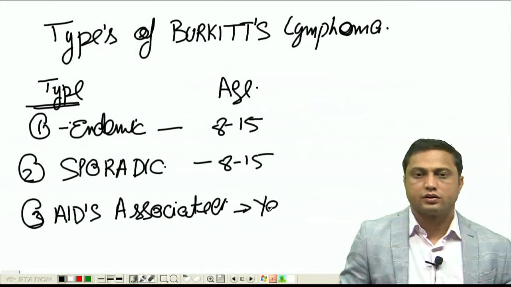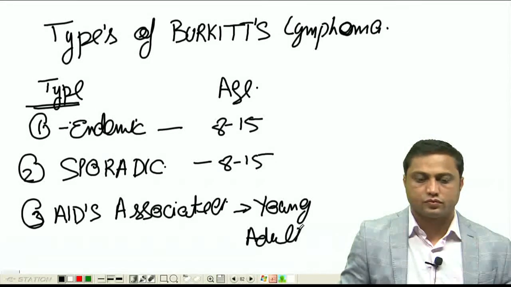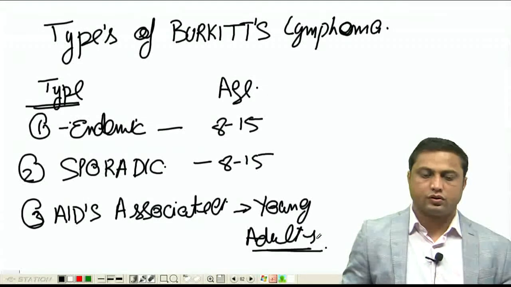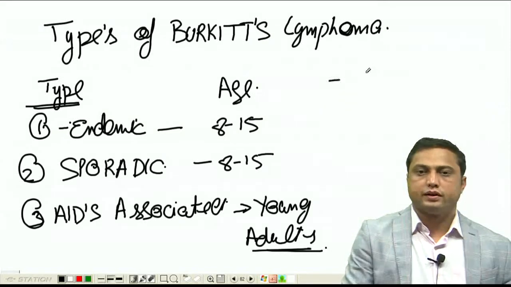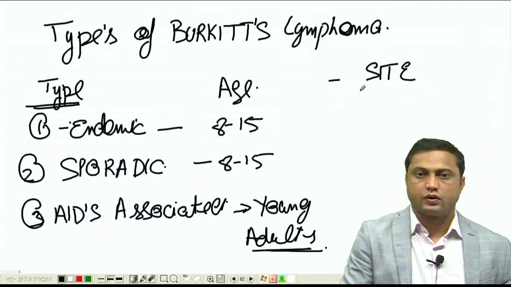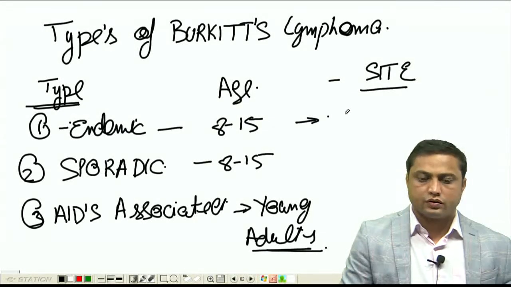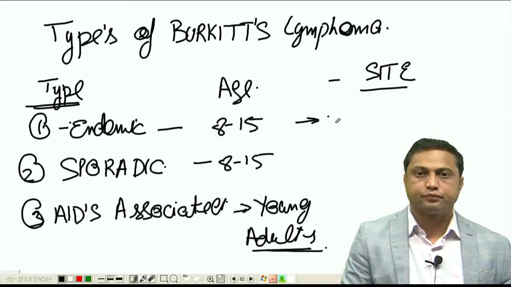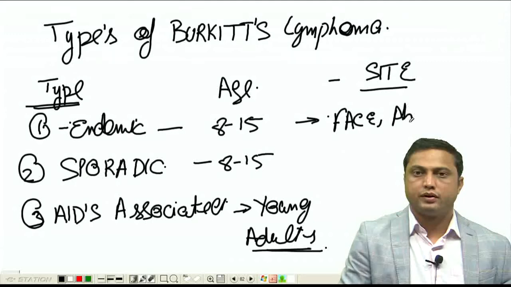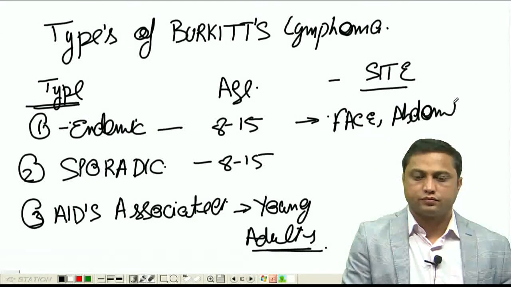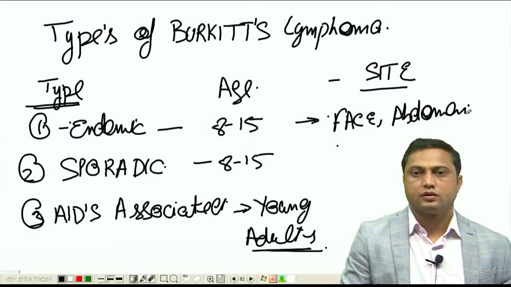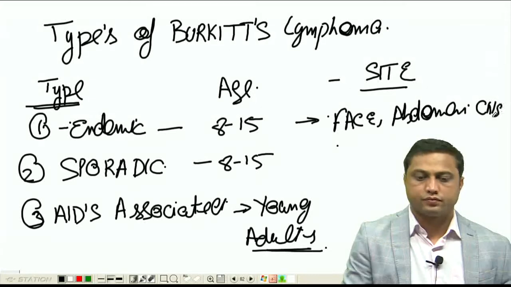AIDS associated mainly affects young adults. Site: endemic is most commonly seen in face, abdomen, CNS, lymph node.